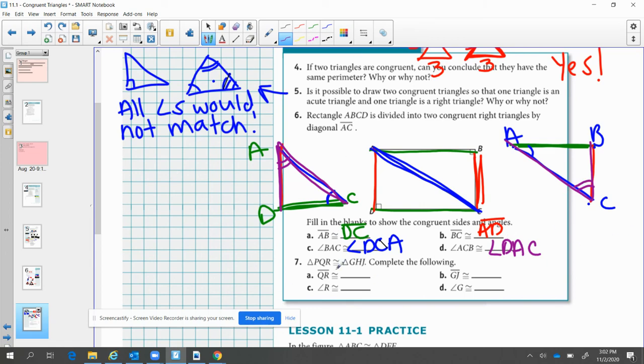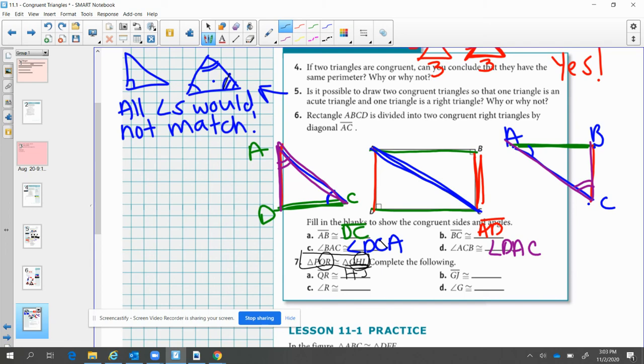Last but not least, they do not give us a picture in the last one, but they do tell us the congruency statement. Okay, they're telling us that PQR is congruent to GHJ. So what we're going to do is look at which ones line up together, because Q and R line up with H and J, which means segment QR is congruent to segment HJ.